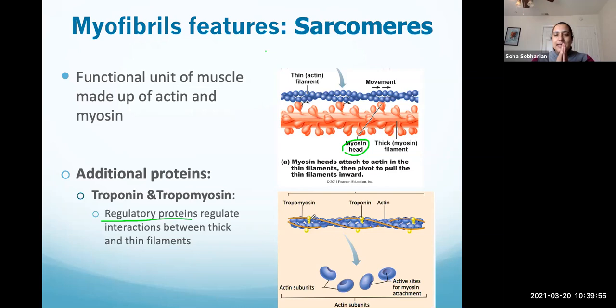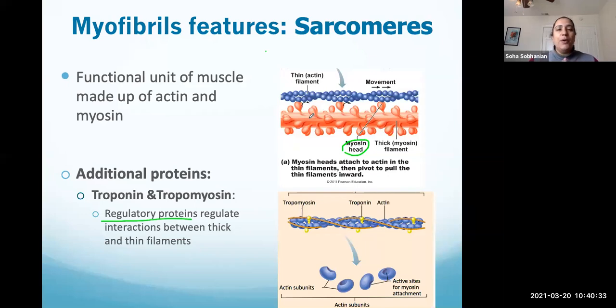So when that is the case, guys, tropomyosin covering the active sites of your actin, there cannot be an interaction between my actin and myosin. So when these little heads are covered, there is no interaction between my actin and myosin. However, when there is what we call calcium present, then tropomyosin is going to move, and that movement is going to allow the myosin and actin to interact with each other, and through that interaction you're going to have muscle contraction.